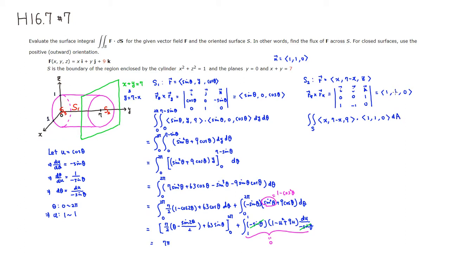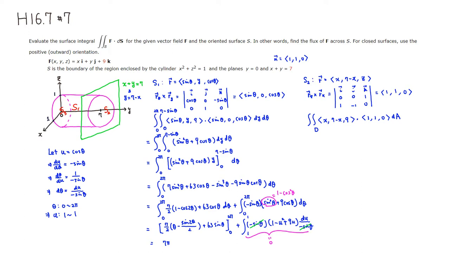Actually, this is over the unit disk, so I'm going to call it D, since x and z live in the unit disk to cover this region here.